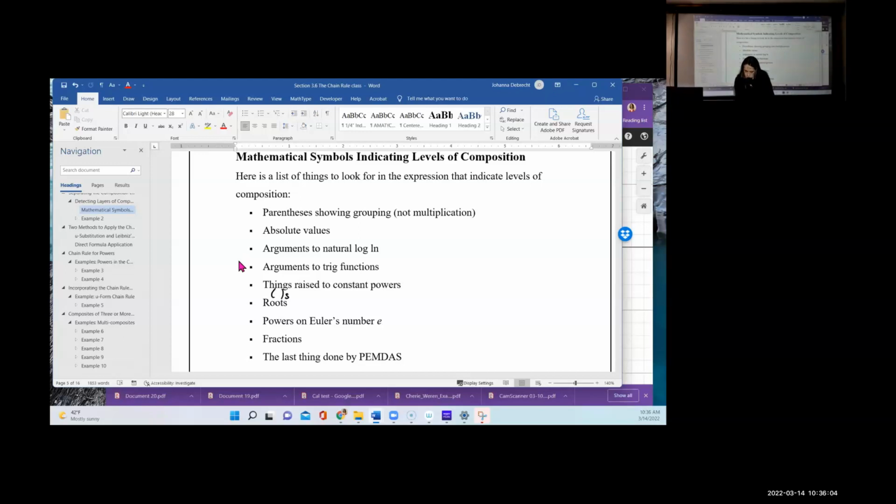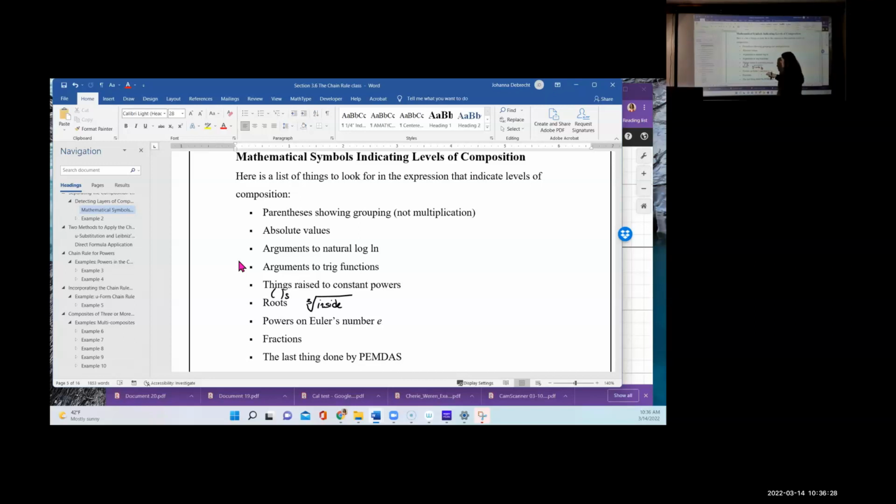So parentheses raised to constant powers gets back to parentheses showing grouping. When you have roots of some kind, like a cube root or a square root, whatever is underneath is the inside function, and the outside function is the root itself.